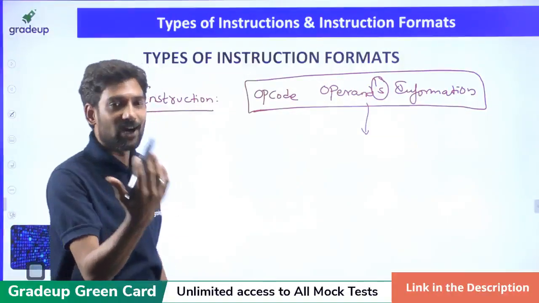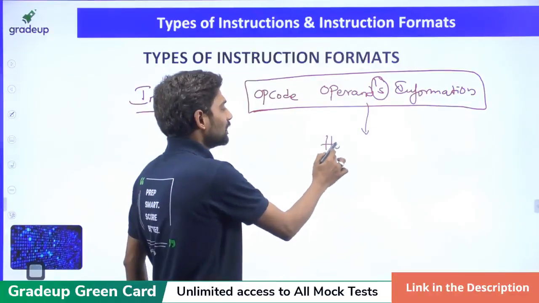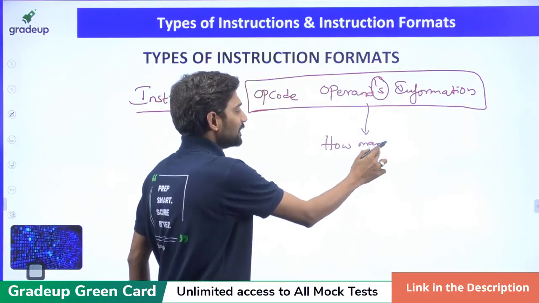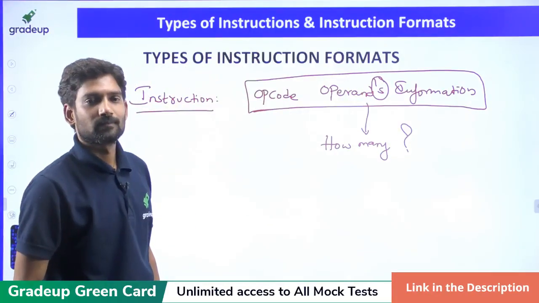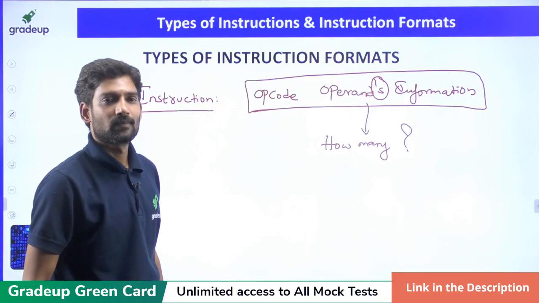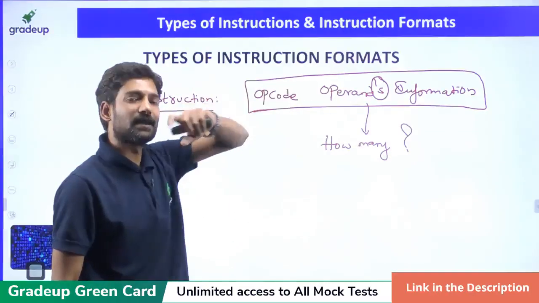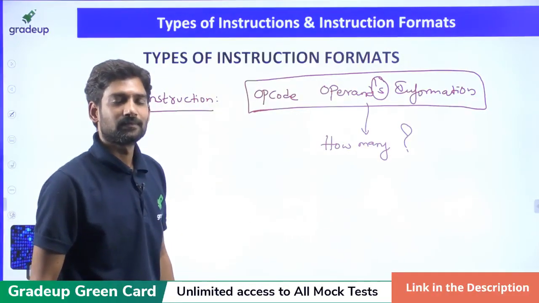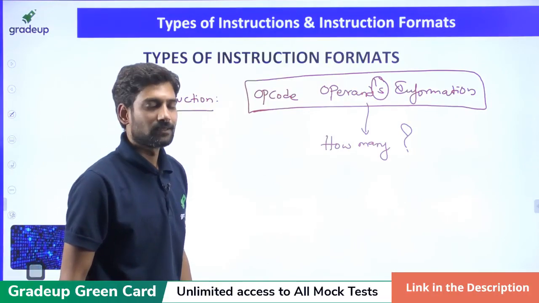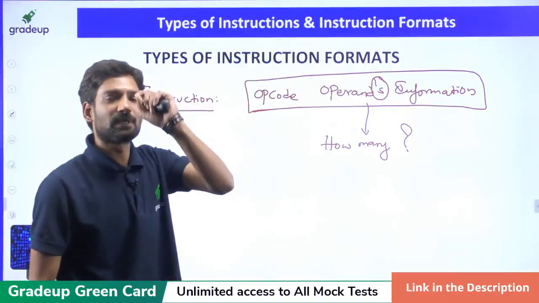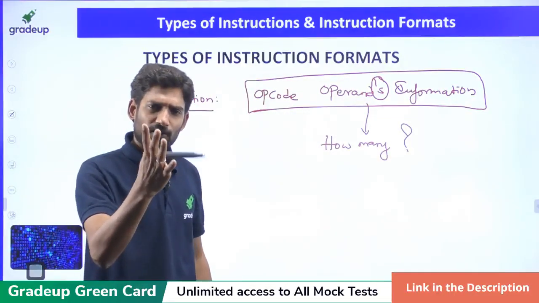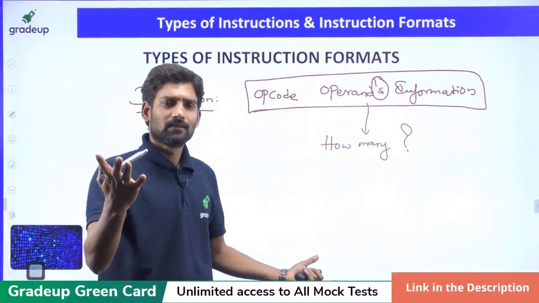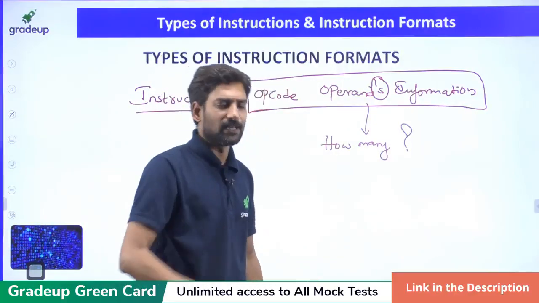So, how many operands can be represented here? 1, 2, 3, 4, 6, 8, isn't it? So, this doubt definitely should come.